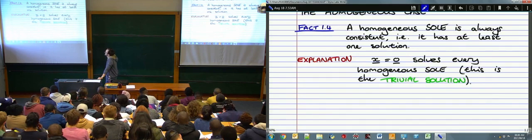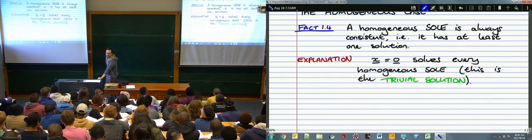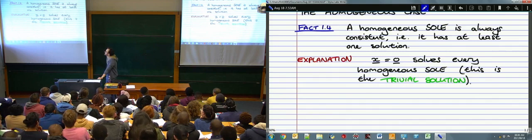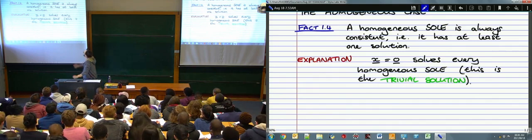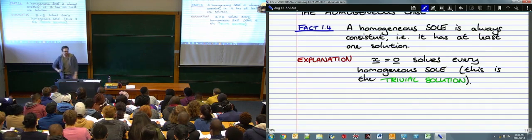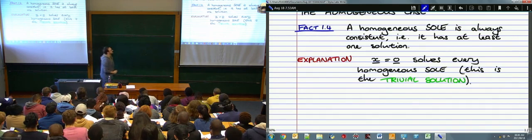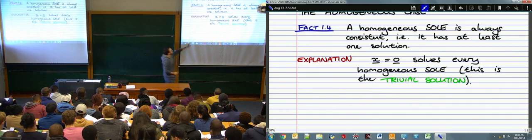Can anyone remember what colors I was using yesterday for the facts? Was it blue and black? Okay, all right, fine. So we will keep that fact blue, and we'll keep this explanation in red.